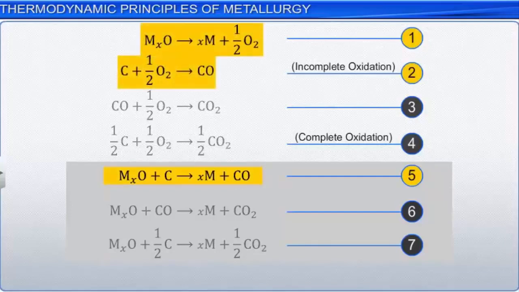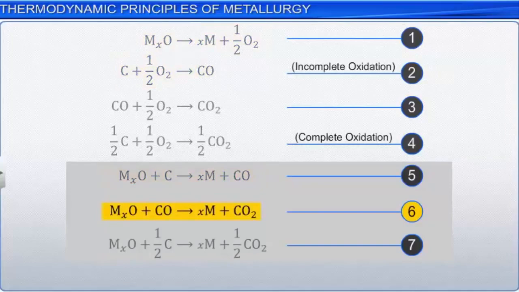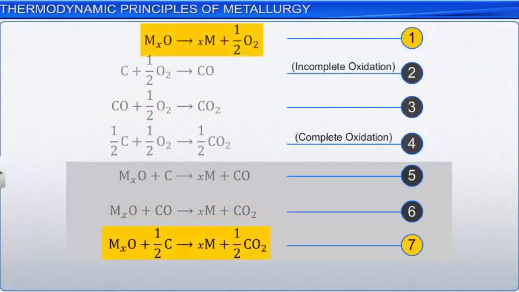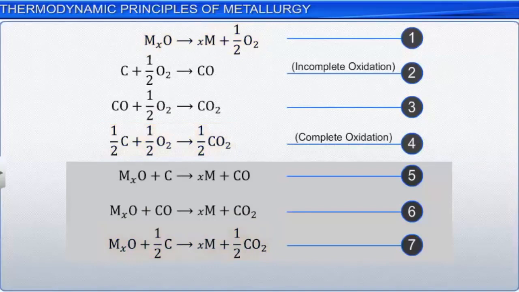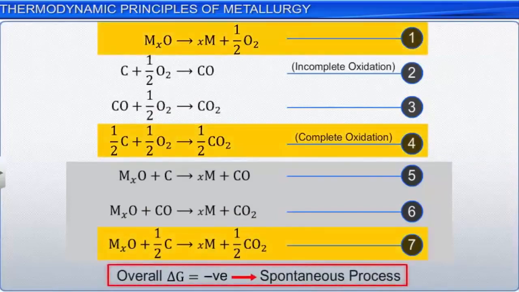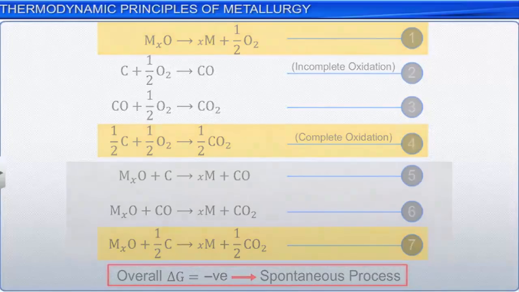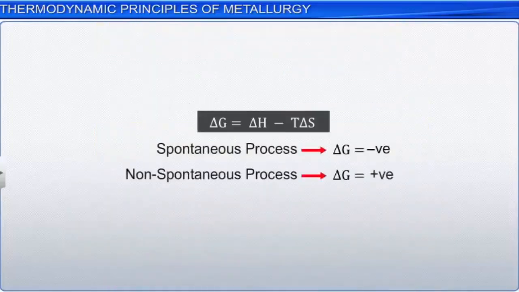Reaction 6 is the sum of reactions 1 and 3. And reaction 7 is the sum of reactions 1 and 4. Now, if the overall value of delta G is negative for these coupled reactions, then the reaction will be feasible. As discussed, a sufficiently high temperature favors negative delta G.